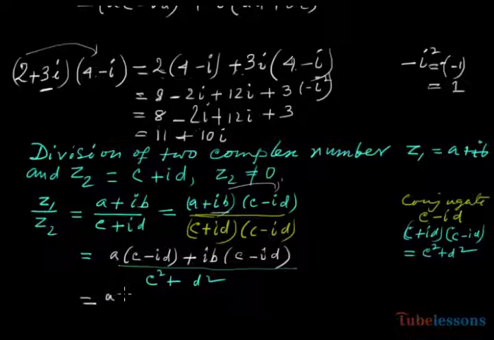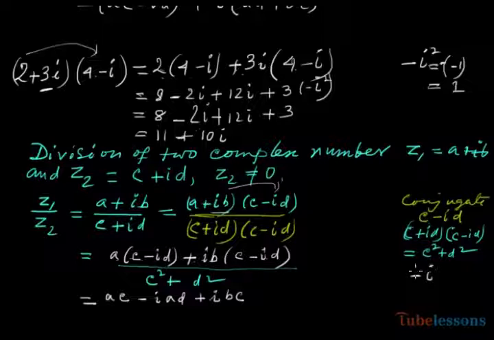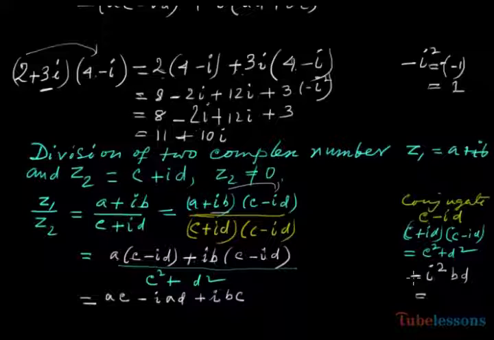AC minus AiD, then iBC, minus into minus, so minus i square is coming, minus i square B into D, and i square is minus 1, and with the product of minus 1 it becomes plus 1, so this becomes BD. So we write here BD.